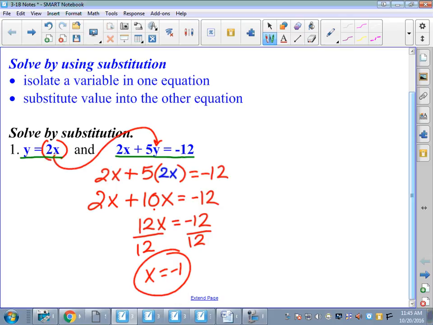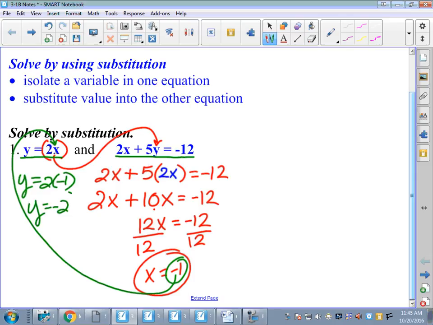I think the easiest one is to just work in a circular fashion. Since I already plugged into the second equation, I'm going to take this negative 1 value and plug it into the first equation. And so when I do that, I get y equals 2 times negative 1, and therefore y is equal to negative 2.